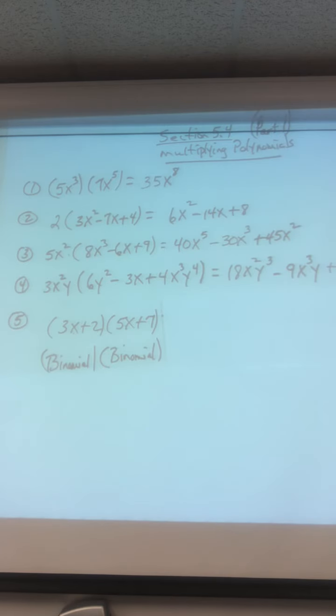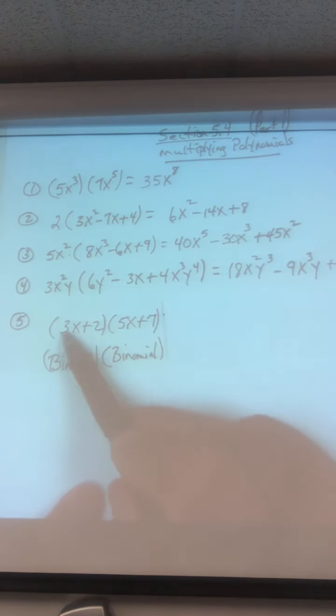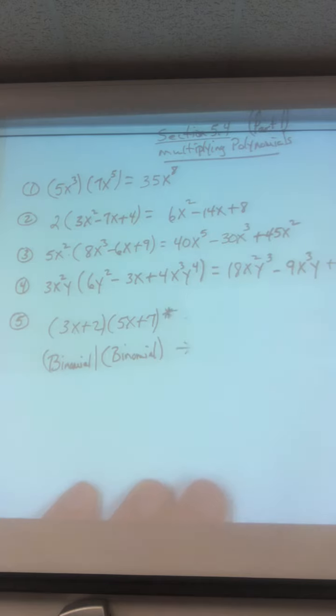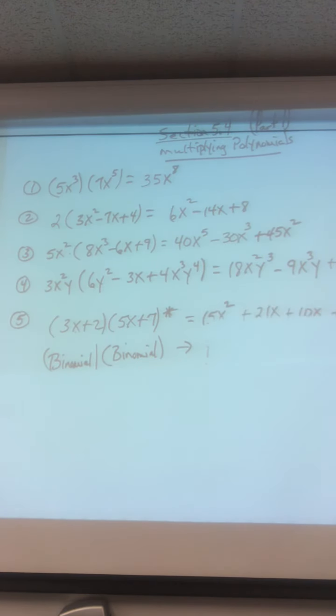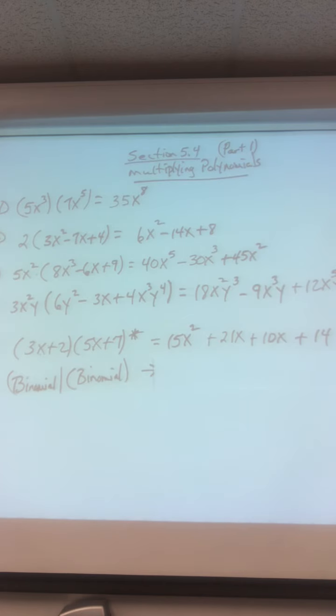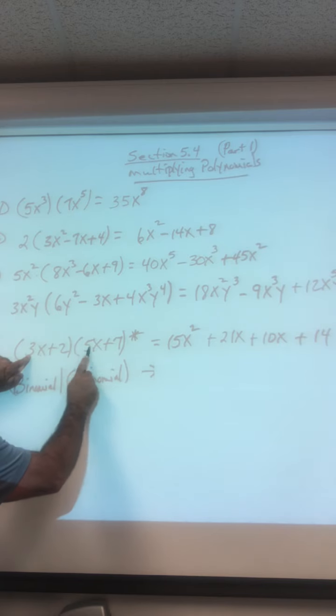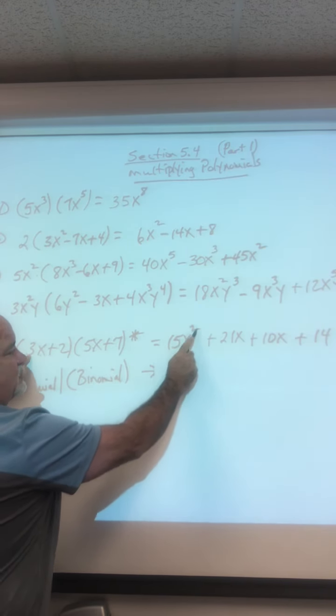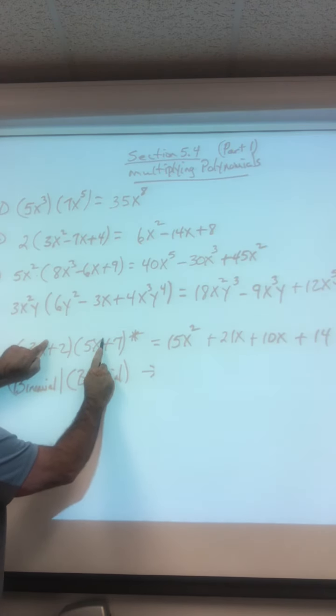So if I multiply 3x times 5x, careful, that is 15. Okay, so 3x times 5x is 15x squared. You add the exponents.